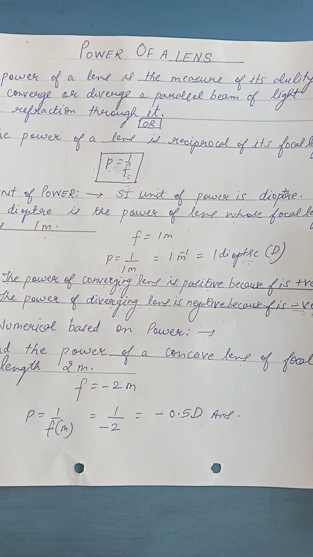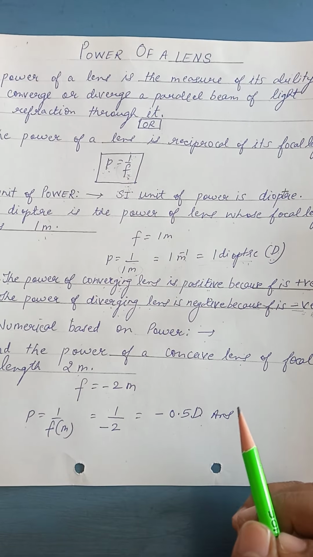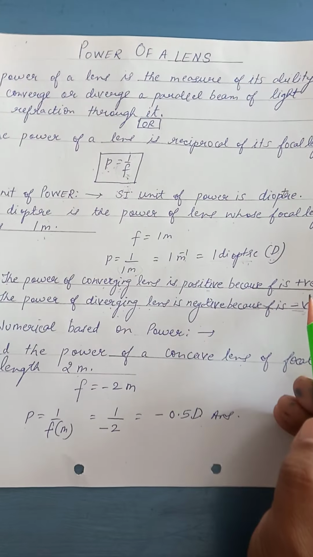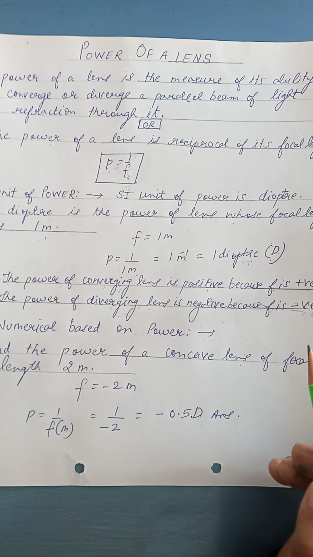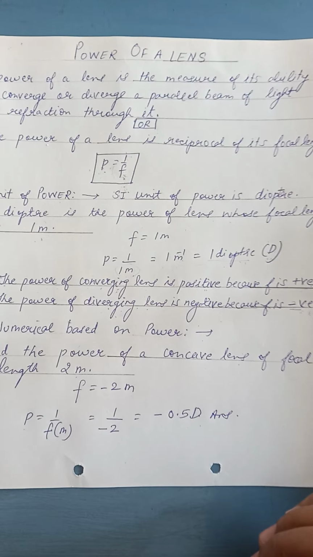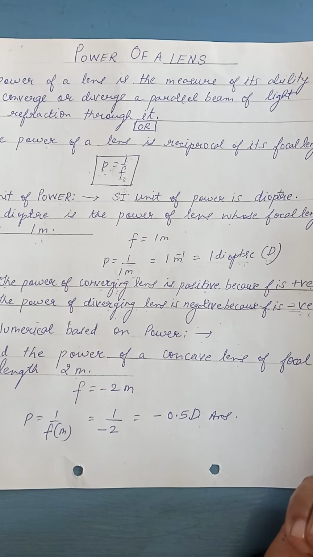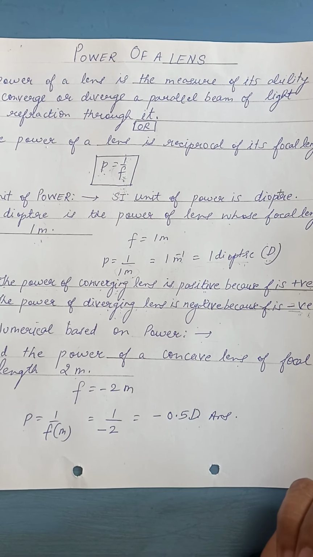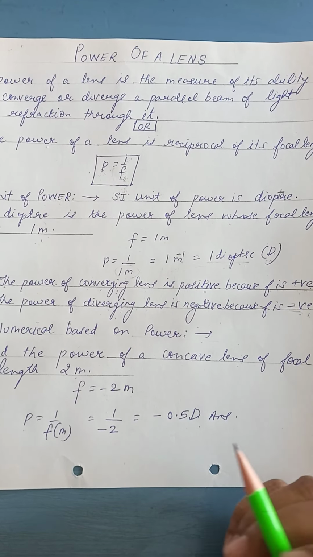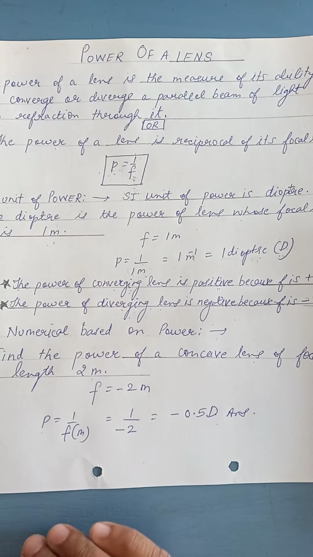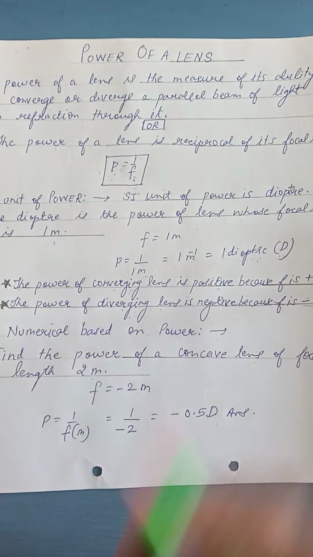Accordingly you will use the sign convention. If it is converging, you will take positive. If it is diverging, you will take negative. So as per the given condition of the lens, you will use the sign convention, positive or negative. Like this you will be calculating the power of the lens, which is P equal to 1 upon f.